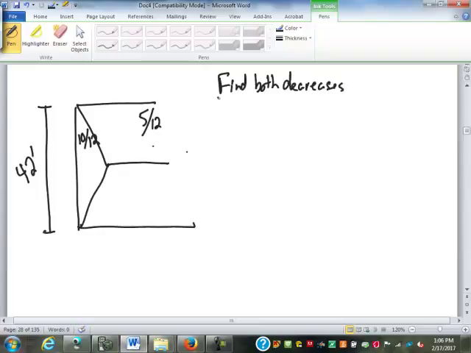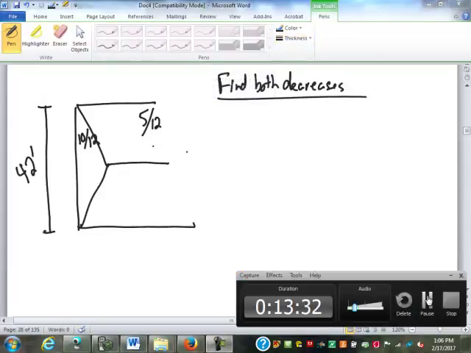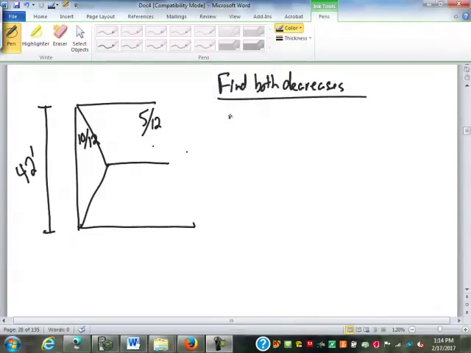Find both decreases. I'll give you a couple minutes. So we're going to start on the main roof, working on the common.